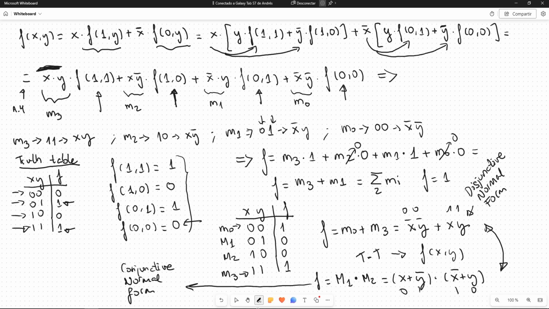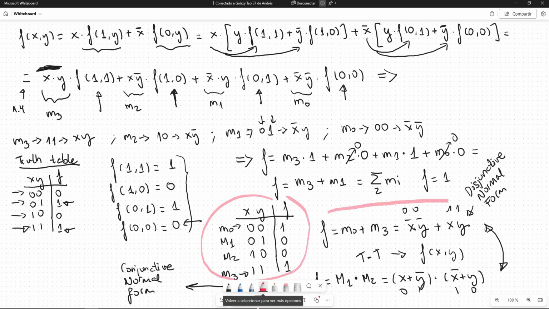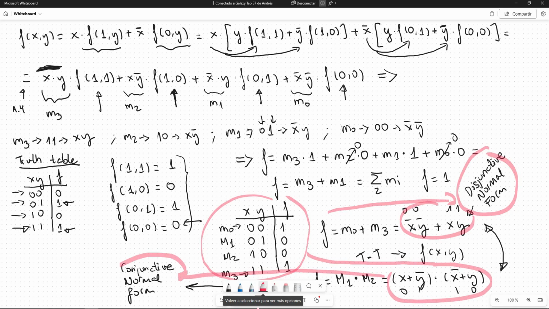In fact, right now, with this, you know how to pass from a truth table to the disjunctive normal form of the function and to the conjunctive normal form of the function, just looking at the ones or looking at the zeros of the function.